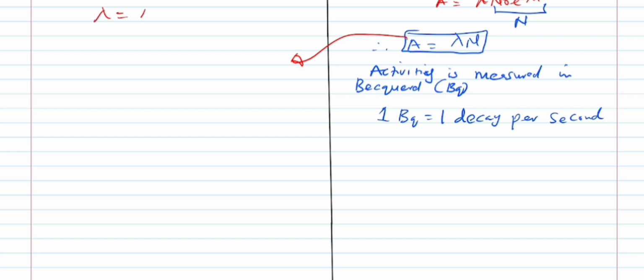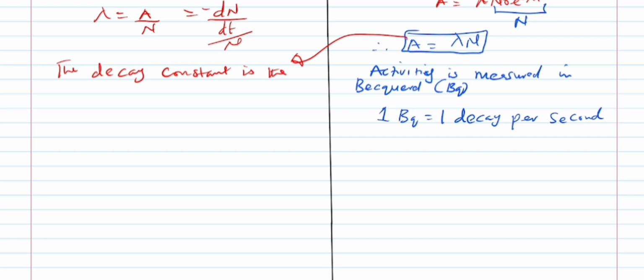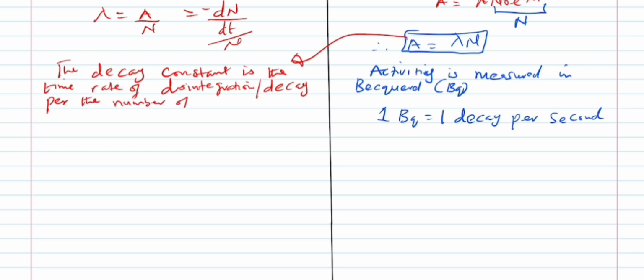So the decay constant will be equal to A over N, and we know that A is negative dN/dt, all over N. So in words, I can rewrite this as the decay constant is the time rate of disintegration or decay per the number of atoms present.